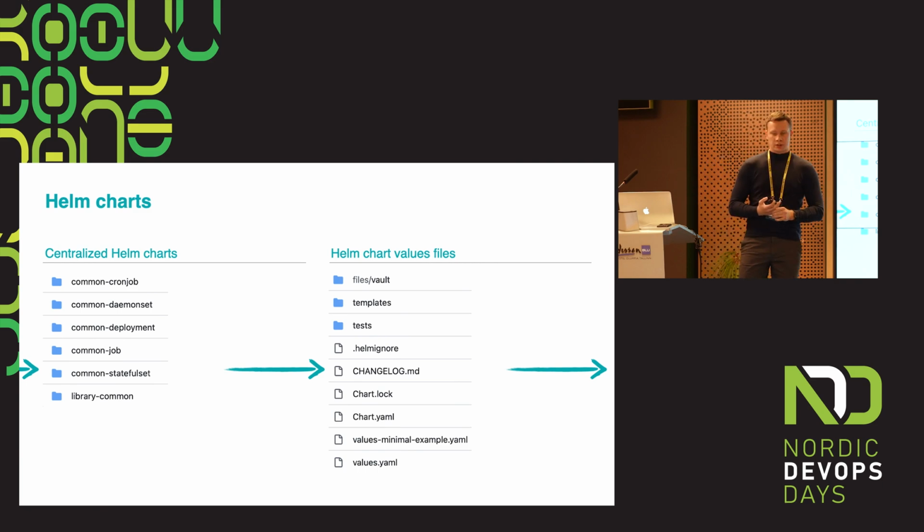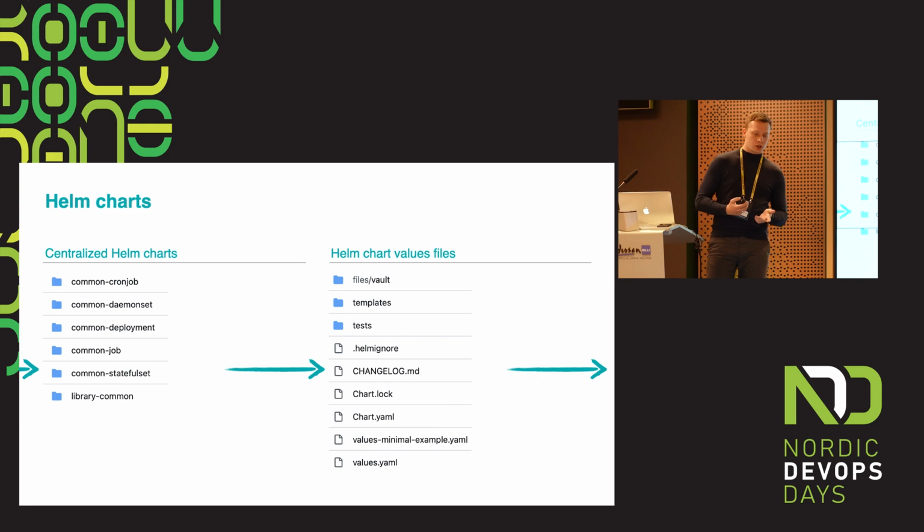So for the deployments at Winted, we're using centralized Helm charts. We actually don't like developers to do everything on their own, so we gave them a strict cage, so they don't do anything else without our knowledge. We provide centralized Helm charts, which include integration with secrets, because you don't store secrets in your GitHub repositories, right?